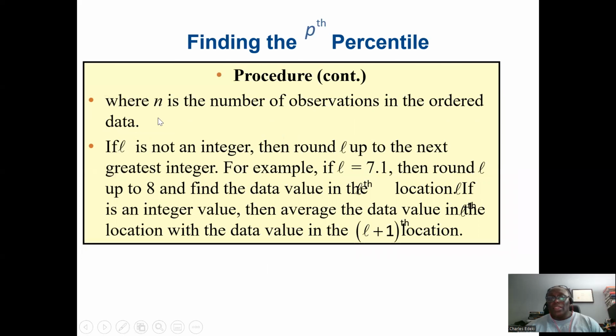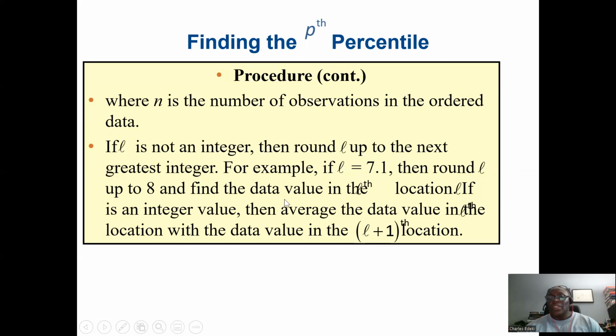Now, n is the number of observations in the ordered data, as we said, and if L is not an integer, which means it's a decimal value, then we need to round L up to the next greatest integer. So for example, if L is 7.1, we are going to round it to 8. The same thing if L is 7.9, we are going to round it to 8.